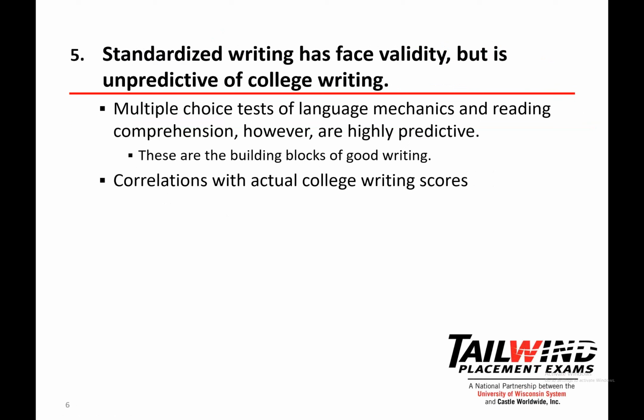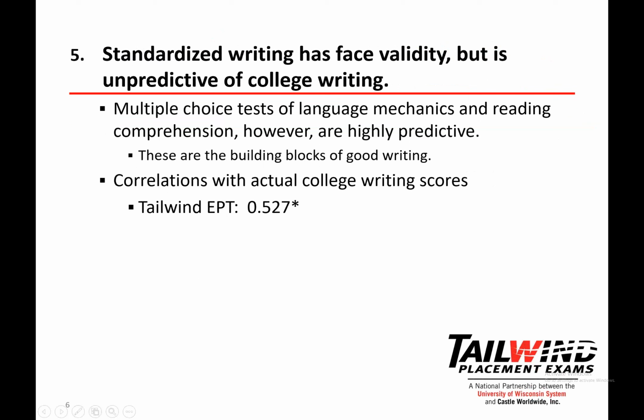And when we got done with that, we computed the average score, and we correlated that average rating with test scores from our placement test, as well as test scores from the ACT and SAT standardized writing test, which we require as part of our admissions process.